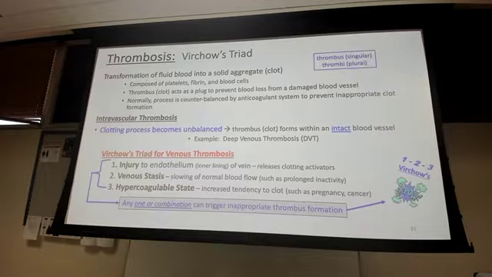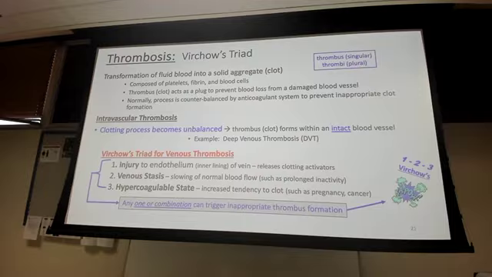We have these anticoagulant properties that counteract the coagulative properties. That way there's a balance. And if there's any shift in that, then sometimes we can break out in these blood clots when they shouldn't form.